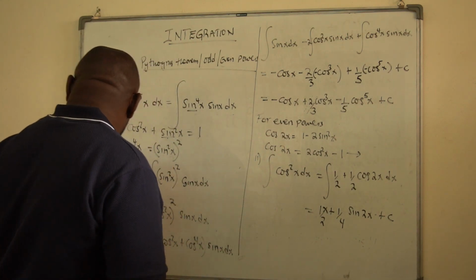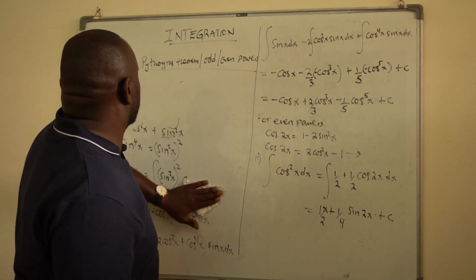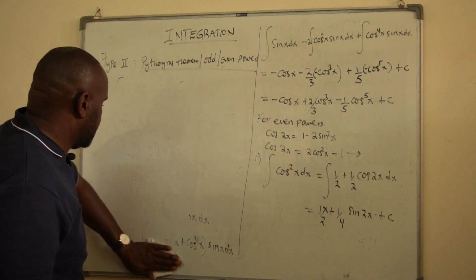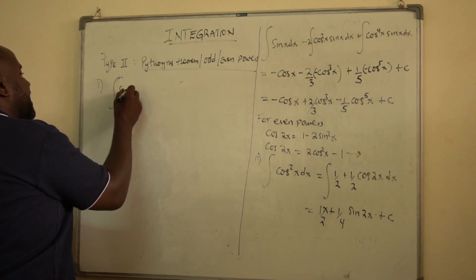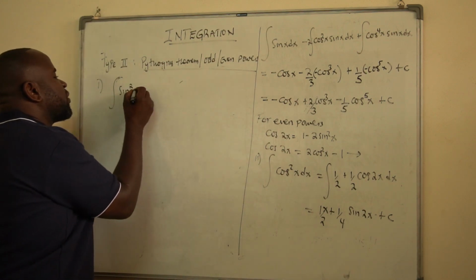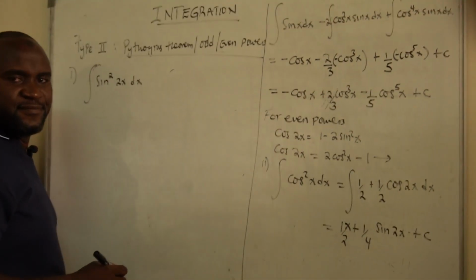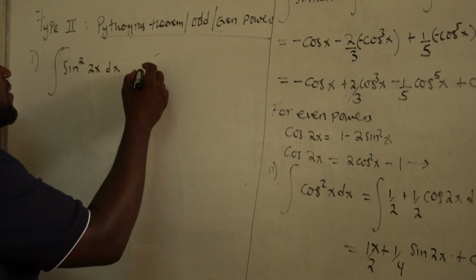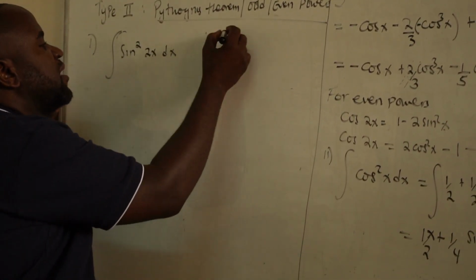So let's also check out the integral of sine squared of x. Actually, I can check sine squared of 2x with respect to x. In this case, I should ask myself, where does sine 2x come from?